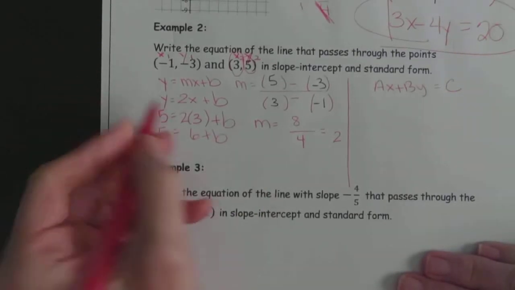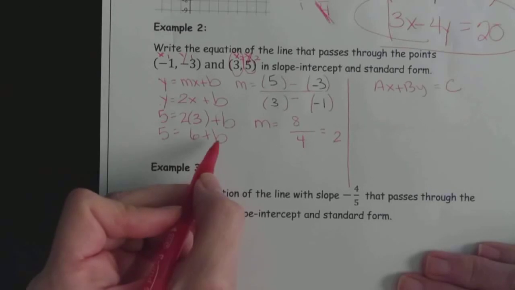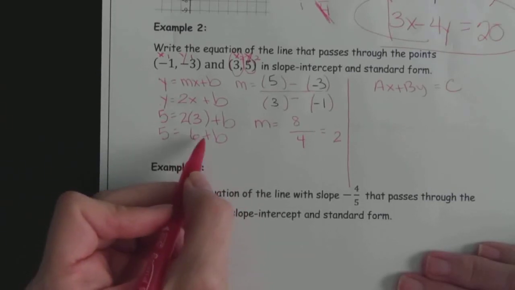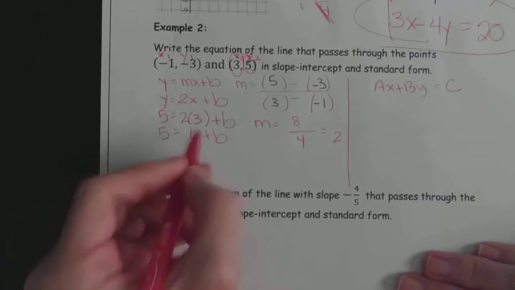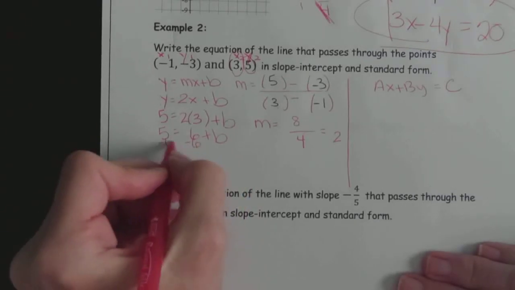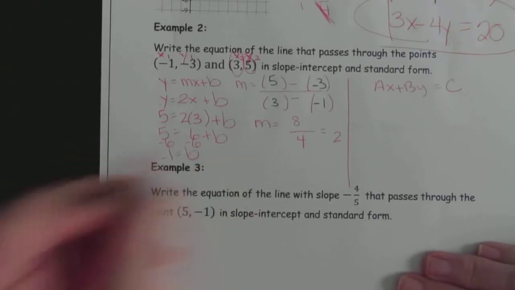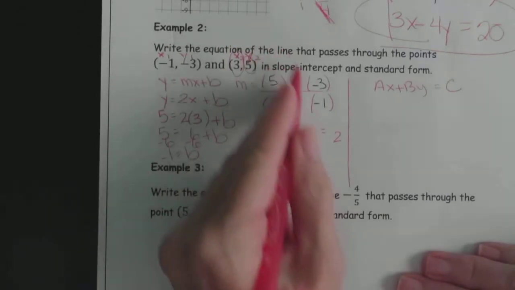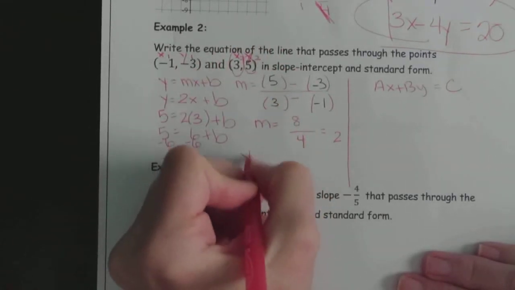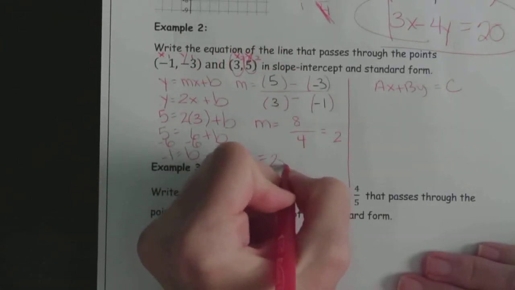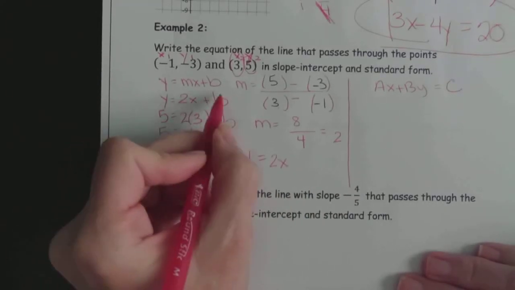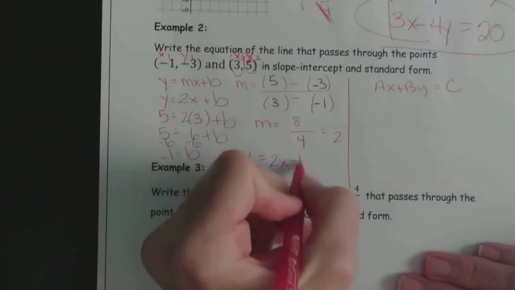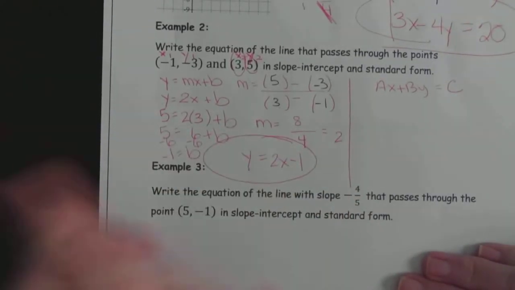So 5 equals 2 times the x, which is 3, plus b. So 5 equals 6 plus b. And some of you can just tell that b is going to be -1 because 6 plus -1 is 5, or you can subtract the 6, and you can also see there that b is -1.